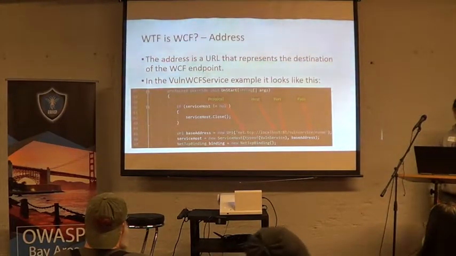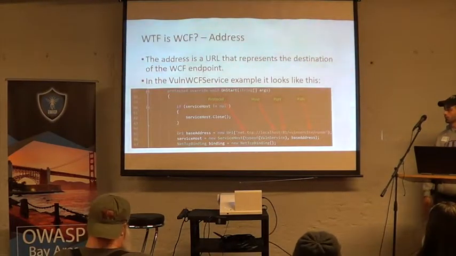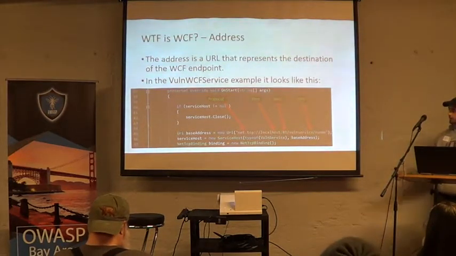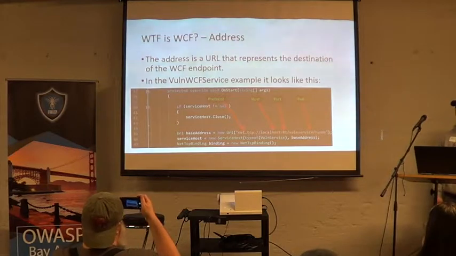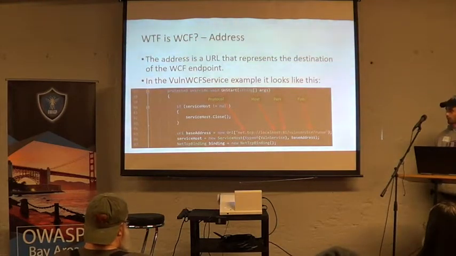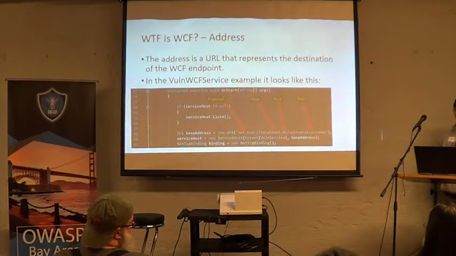So this is the address. It looks pretty much like any other URL you would look at, except that the scheme, the beginning part, is going to be synced up with whatever binding you choose, which is the transport protocol. So in the example service, we're using net.tcp binding.